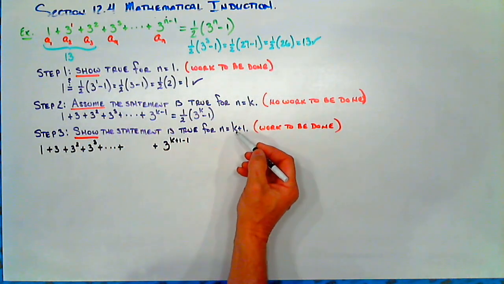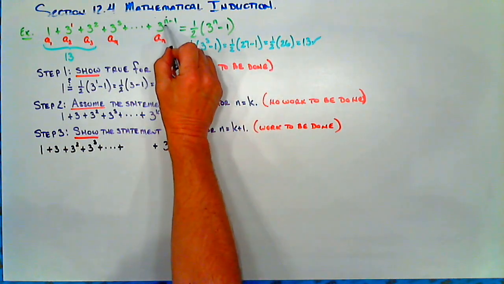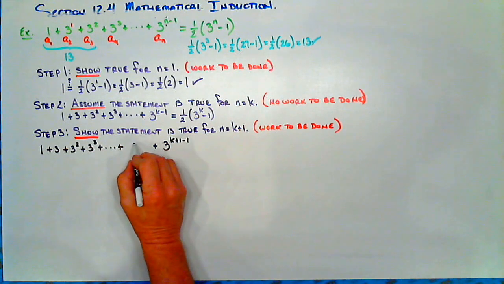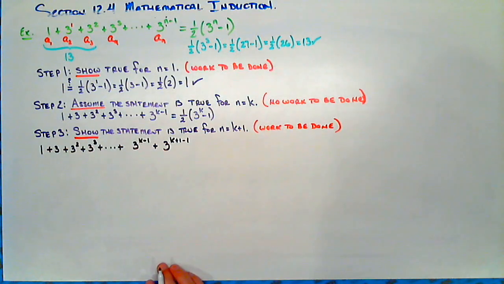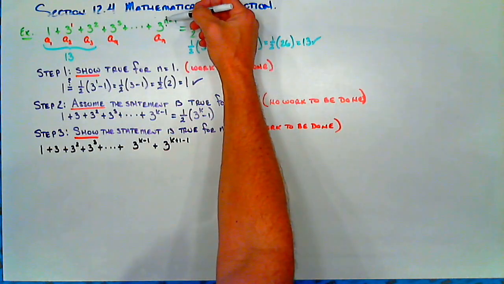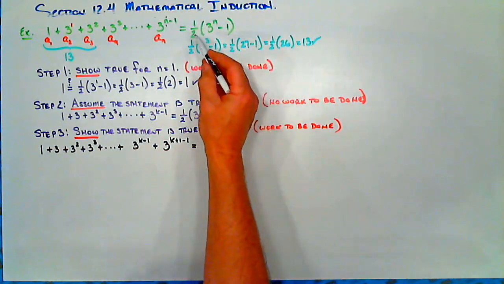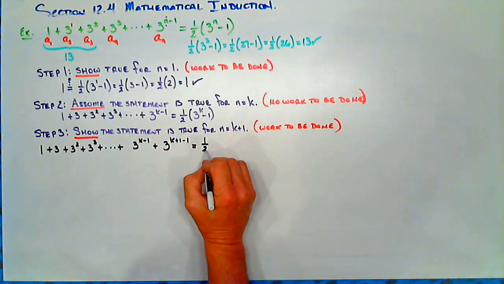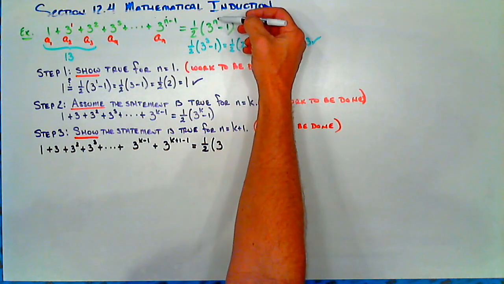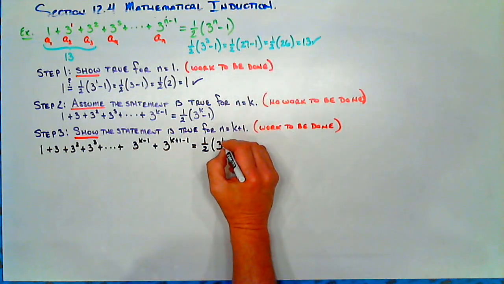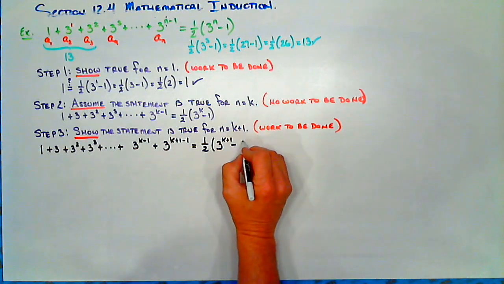What term comes before k plus 1? The kth term. So what does this look like when we plug in k? It looks like this, right? 3 to the k minus 1. Now what is this side going to be? This side is going to be 1/2 times 3. We're plugging in k plus 1, so that's going to be a k plus 1 up there for our exponent, minus 1.